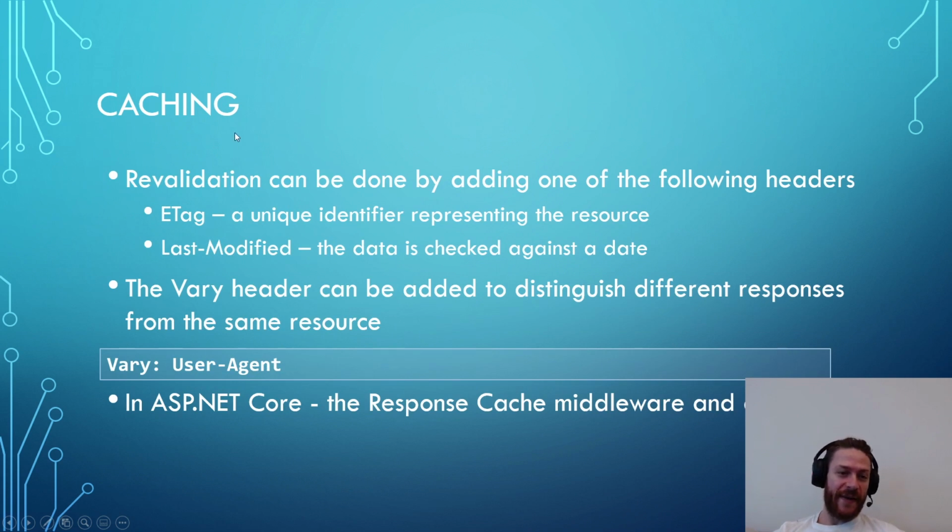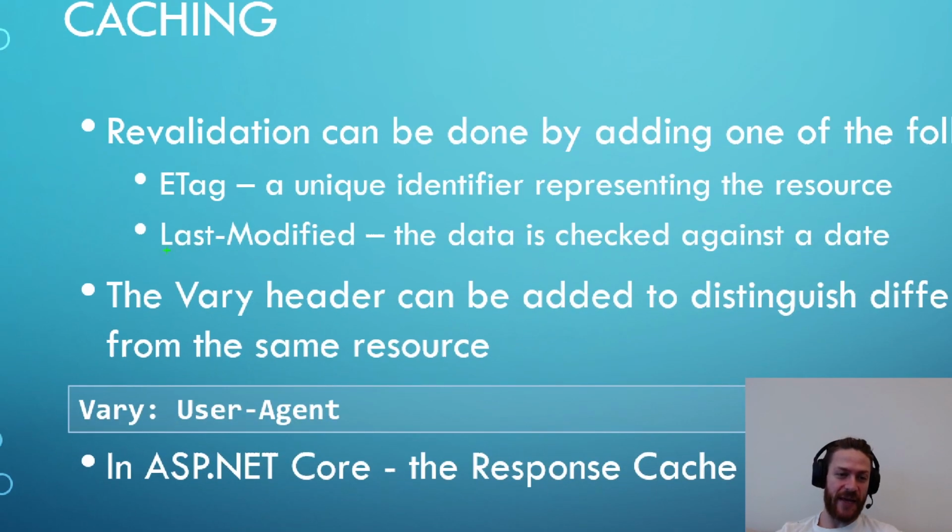How to revalidate a cache? Revalidating is done by one of two headers, ETag or Last-Modified. The ETag is a unique identifier, something like A5C1D7, some random string. The server recognizes this string and the browser has an ETag.